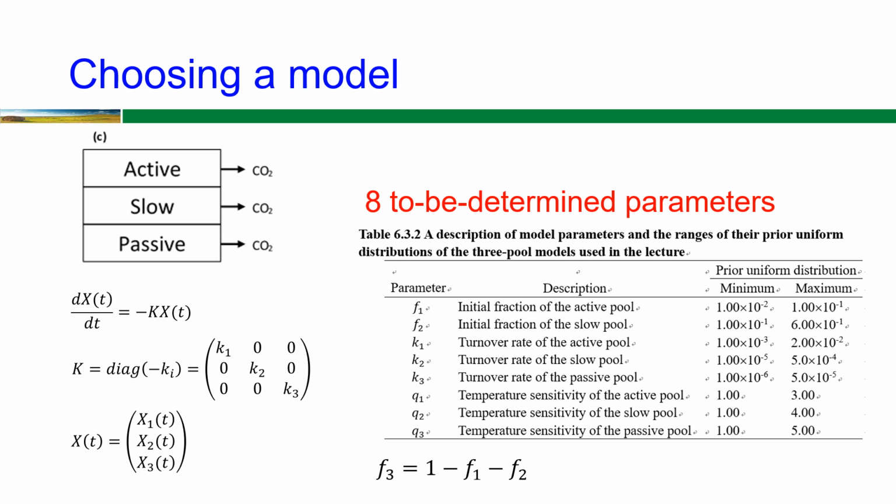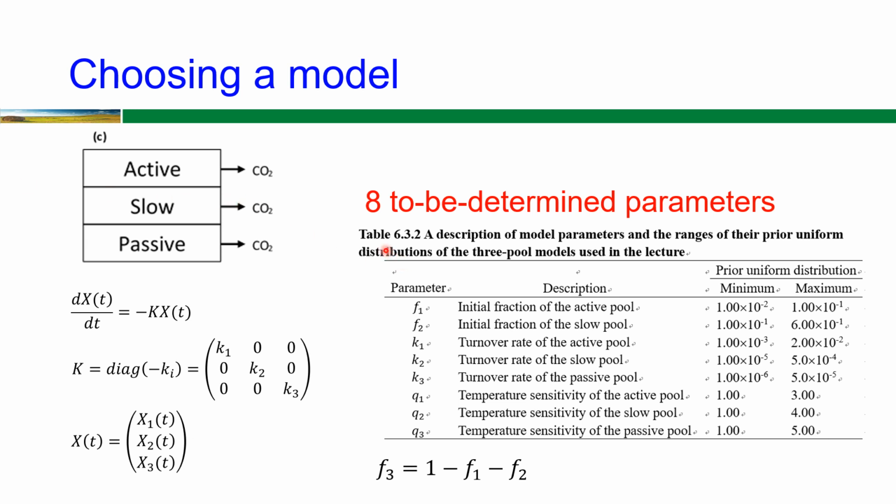If the incubation lasts longer, for example, years, the three-pool model may be better to fit the data. Here, our purpose is to illustrate how to use data assimilation to analyze soil incubation data, and the example experiment lasts for 588 days. So the three-pool model is chosen.